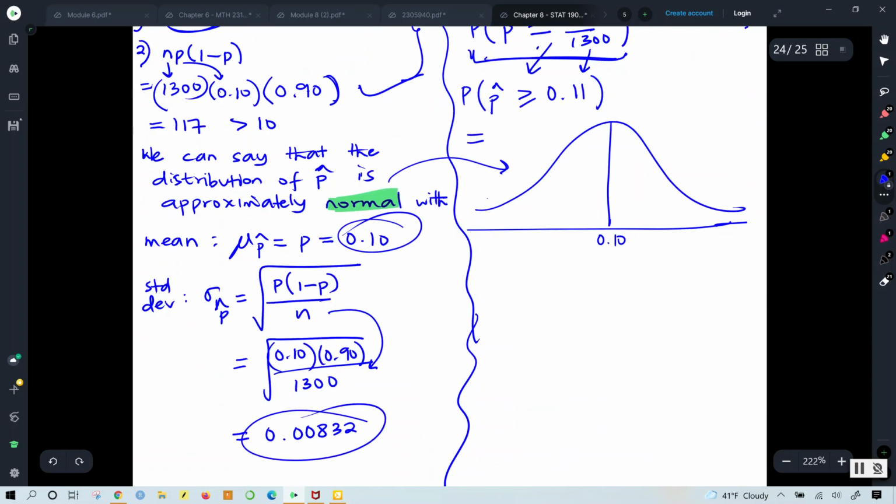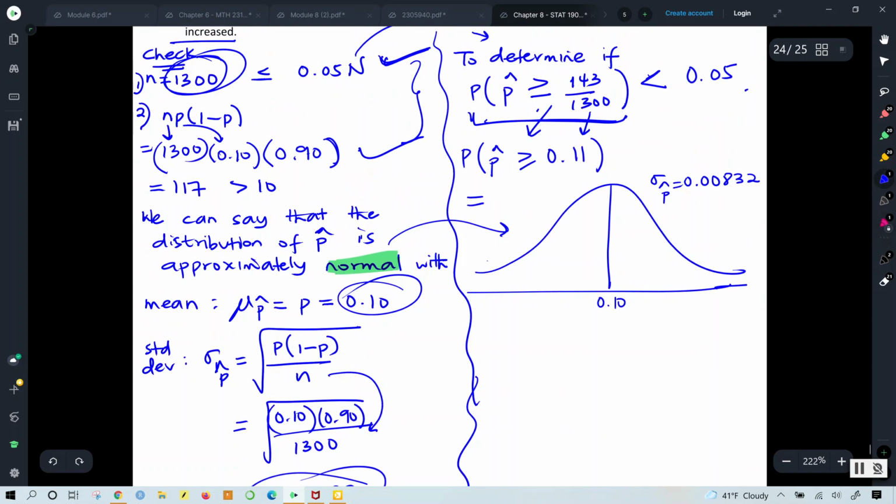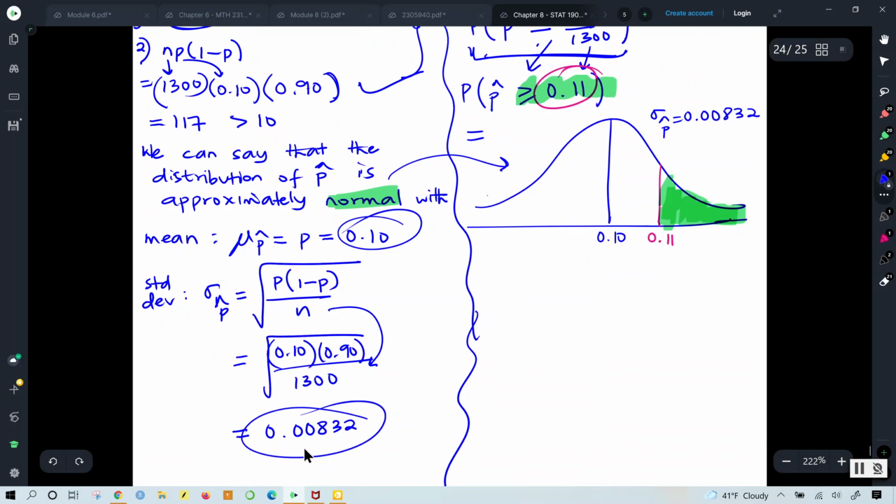The measure of spread is 0.00832. And we are concerned with the probability related to 0.11. We want to look at the region at that value or above. Using StatCrunch, we need to key in the mean and the standard error.